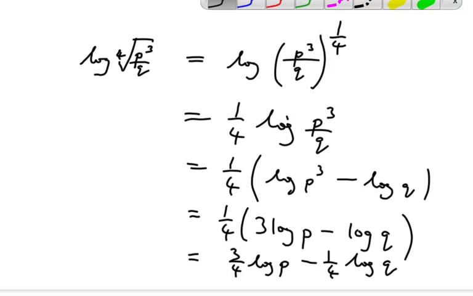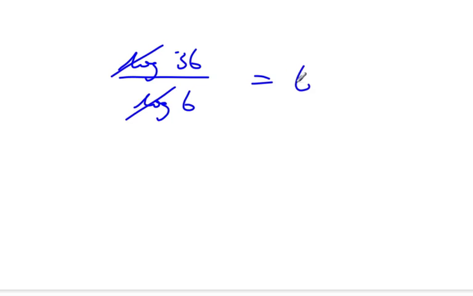Now, sometimes, and you don't get them anymore because everybody's got calculators, these questions go back ages, but if you're told simplify log 36 over log 6, half of the non-thinking half-wits out there would go, oh, 6, let's just cancel out the logs, and then that's equal to 6.